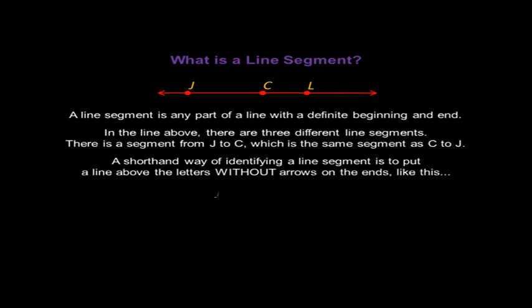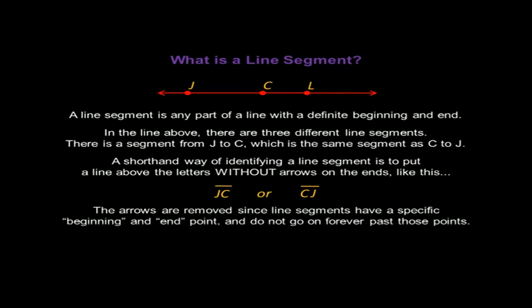We could call it line segment JC with the line segment symbol above it, or we can swap the letters and call it CJ with the line segment symbol above it. The arrows are removed since line segments have a specific beginning and end point, and they do not go on forever past those points.